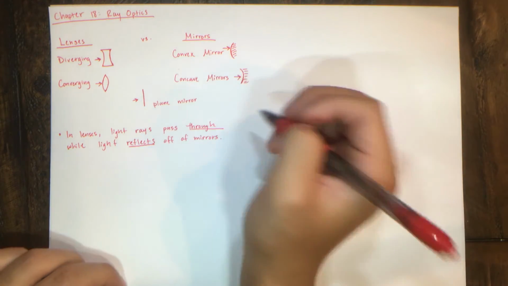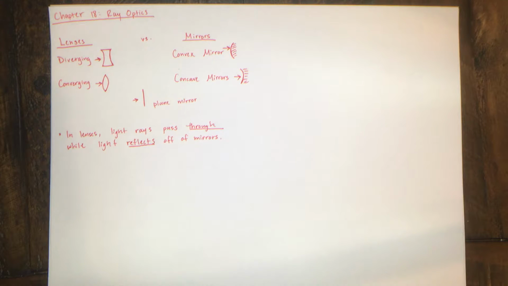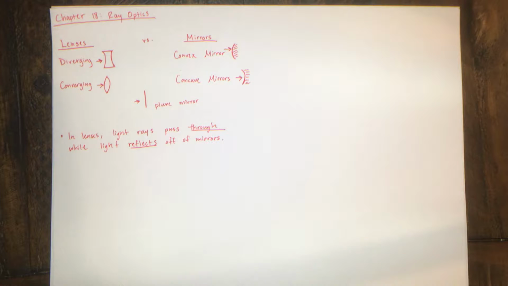So that's just another component that you can remember: in lenses, light rays will pass through the lenses while light reflects off of mirrors. Which is a generally simple concept, but sometimes with all this information we tend to forget.